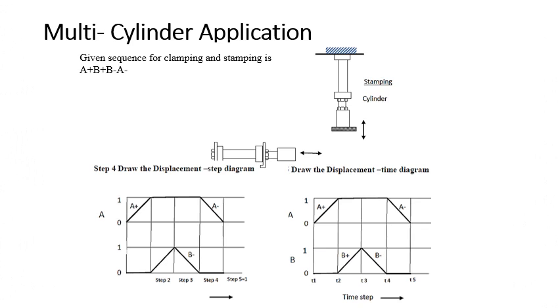Multi-cylinder application. The given sequence for clamping and stamping is A plus, B minus, A minus.